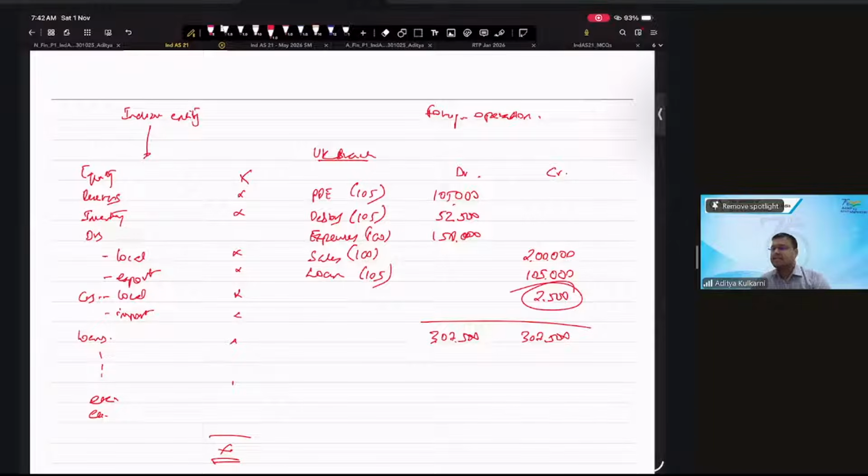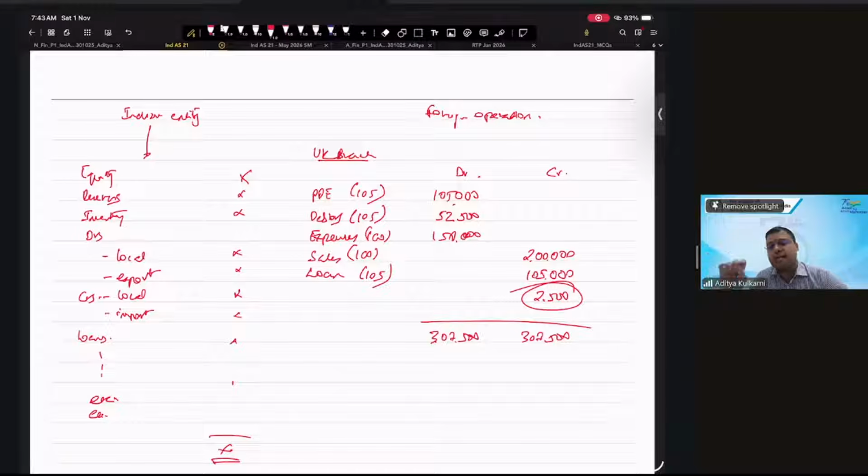Now, why is this difference arising? Due to different exchange rates. Basically, I have used different currency exchange rates for translation of different items.